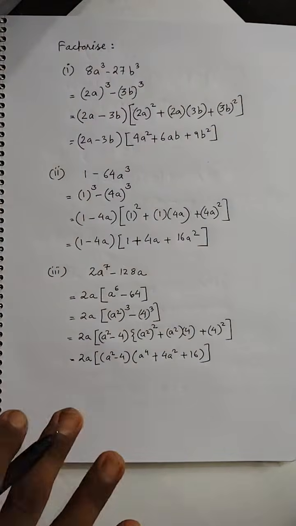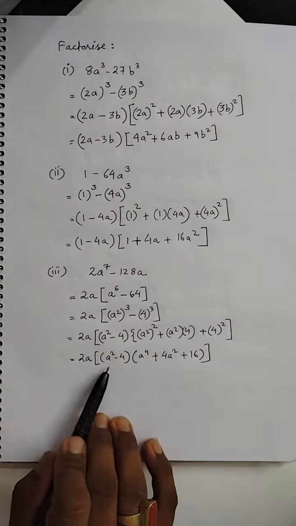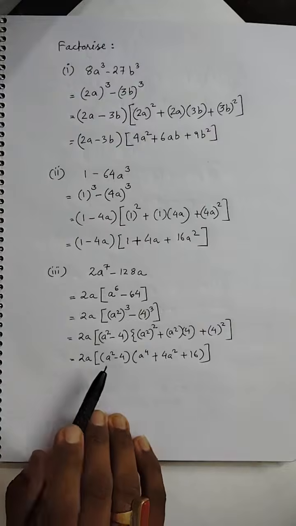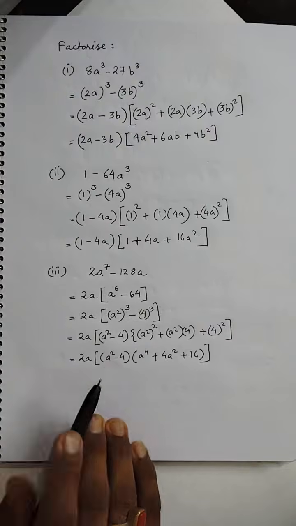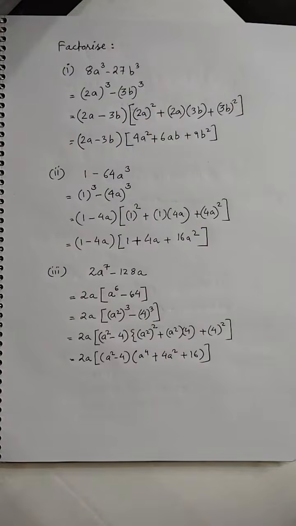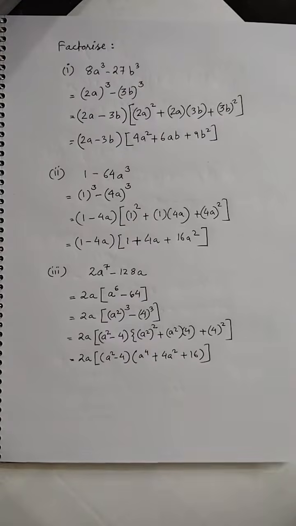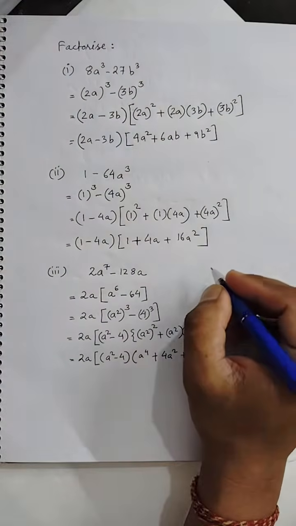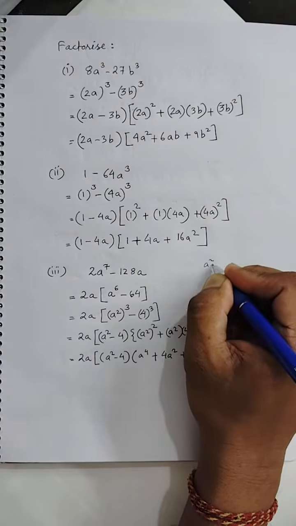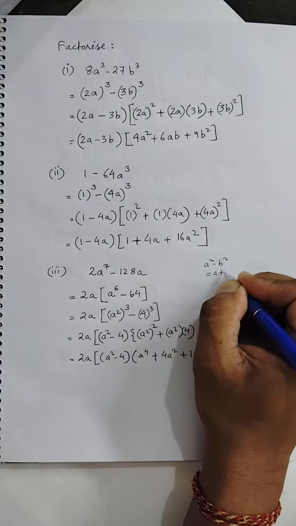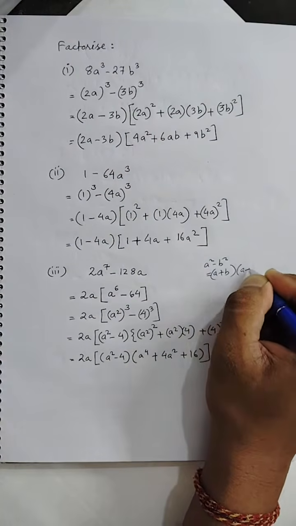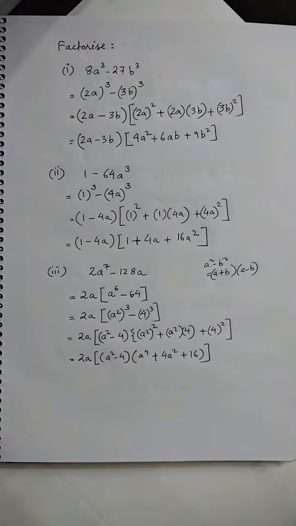Okay, but this problem can be solved further because we have a square minus 4. Okay, so this can be again factorized using another identity. Let me write the identity at the top. Just give me a minute. Okay, so we have an identity a square minus b square equals a plus b into a minus b. So this is just rough work. This is not a part of the solution.